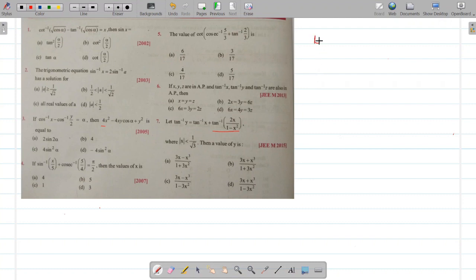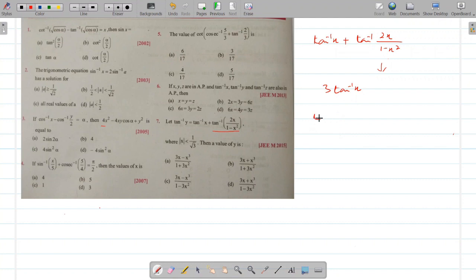So we can write this as tan inverse of x plus tan inverse of 2x upon 1 minus x square. I explained in the last lecture that this can be written as 2 tan inverse of x. So in total you will get 3 tan inverse of x.